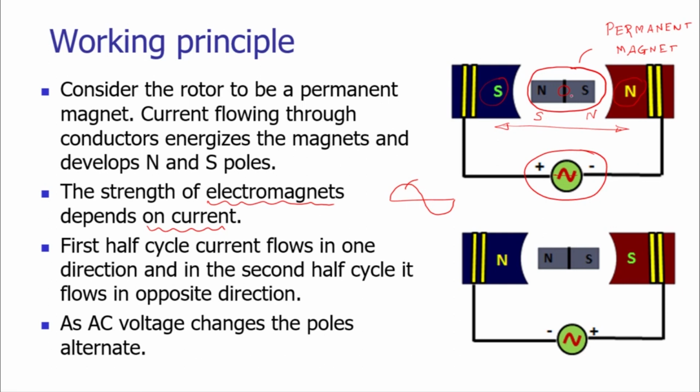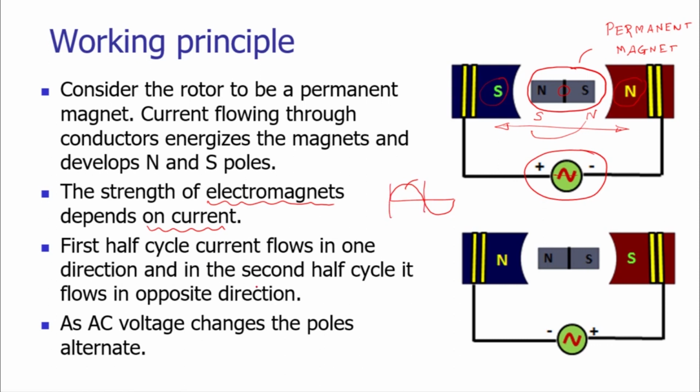This south pole which was there in the previous case will get repelled and this north pole will get attracted towards its opposite pole. So in this way the rotor rotates by 180 degrees. That is for the first half wave of the alternating current.